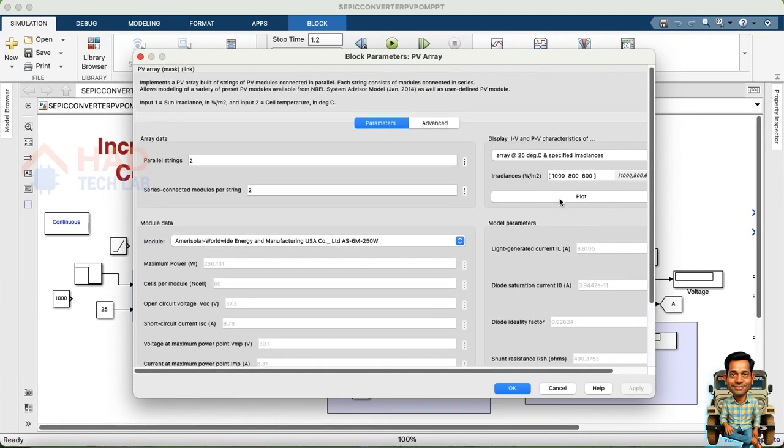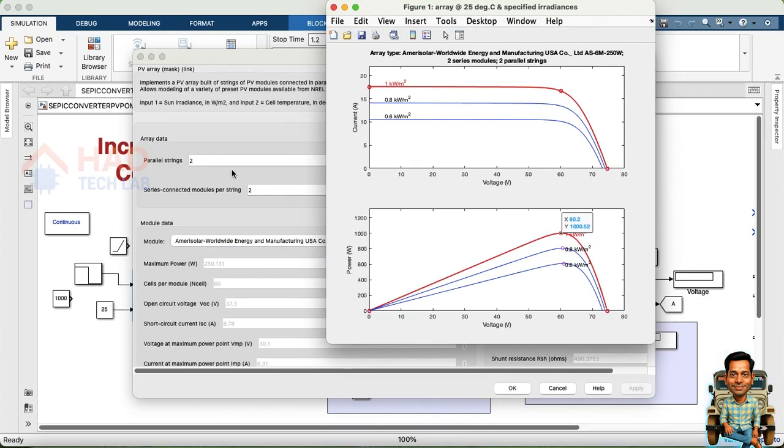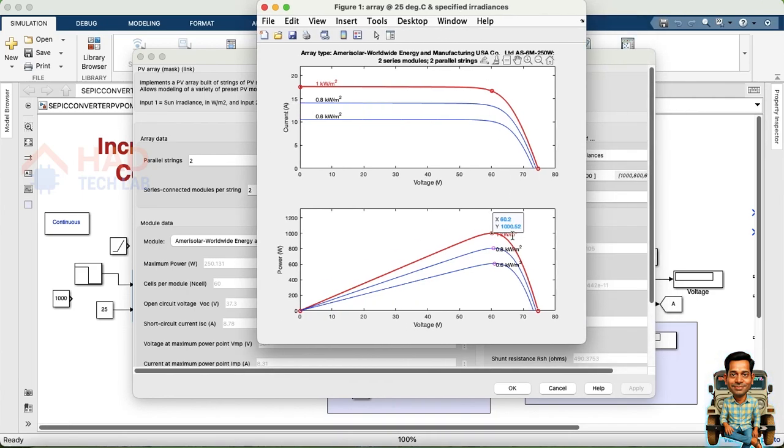Therefore, I introduce a constant temperature with different irradiance levels: 1000, then 800, 600. With two parallel strings and two series connected modules per string, we get nearly 1000 watts at the voltage of 60.2.